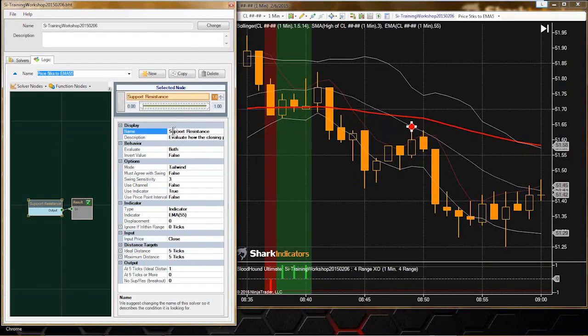So let me rename this. All right, so this solver is looking at the closing price to get within 5 ticks of our EMA.